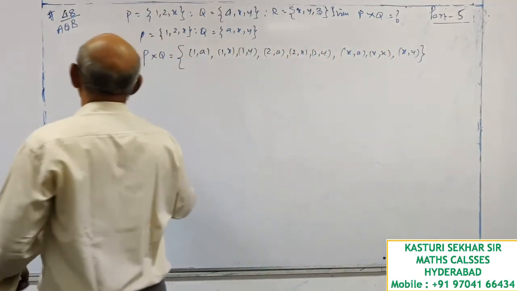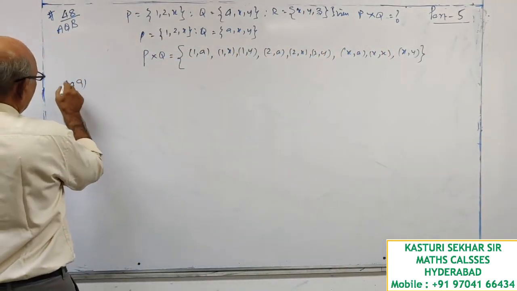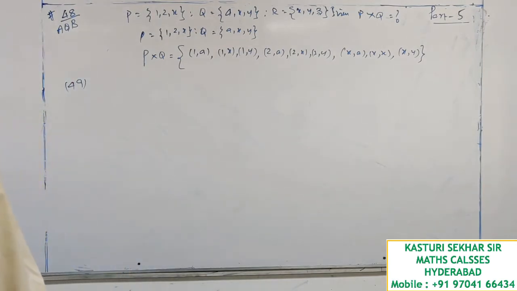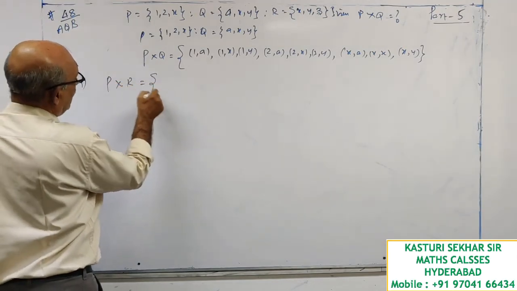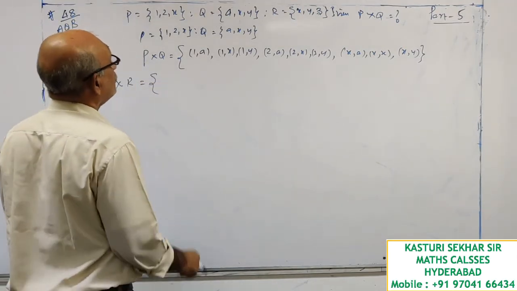This is 48. Look at question number 49. It is P cross R. It is a set.